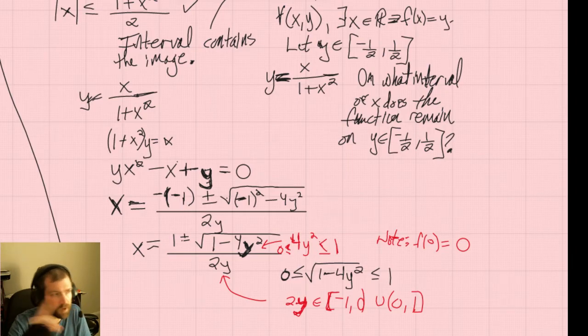So when x is 0, y is also 0. So that gets around this thing. We don't need to highlight it because it's all good eventually.